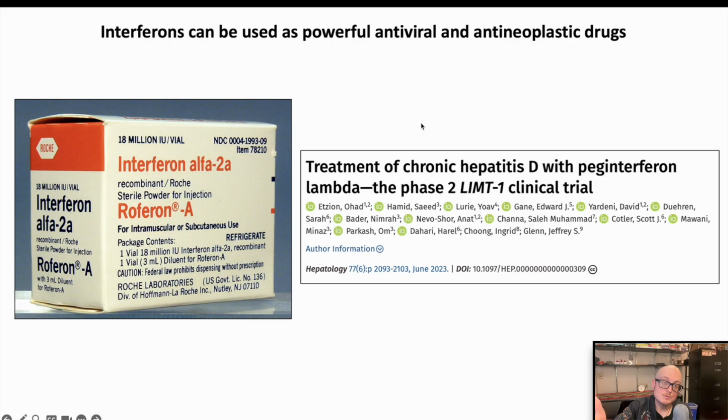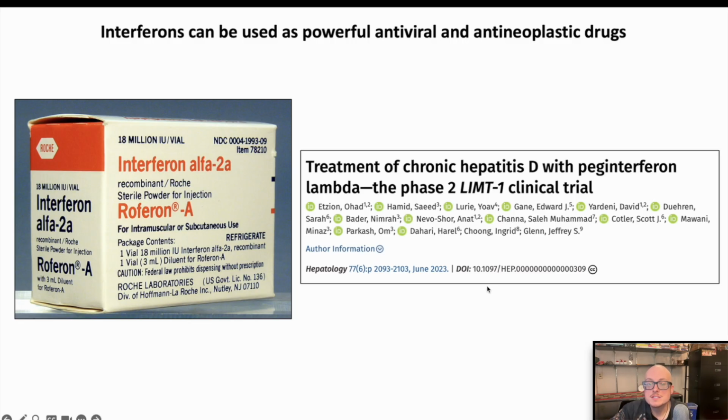That means that if you treat with type 3 interferons, you're localizing that response only to those barrier surfaces, again, where viruses are very likely to be. And so you can avoid some of the off-target inflammation and side effect profile of treatment with ubiquitous type 1 interferons. And so while, as of the recording of this video, there are no FDA-approved type 3 interferon-based treatments, many of them are in clinical trials.